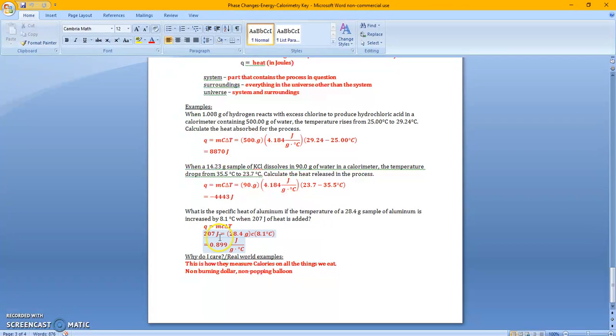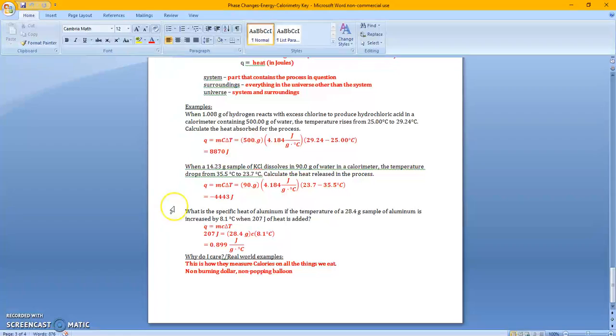So I put my 207 joules here. Mass is in grams, so 28.4 grams. Specific heat is what I'm looking for, so that stays the same. And then 8.1 degrees Celsius. That's my change in temperature. It said it increased by 8.1 degrees Celsius. So then, I need to multiply 28.4 times 8.1 and take 207 divided by the answer to get C by itself. And I end up with 0.899 joules per gram degrees Celsius.